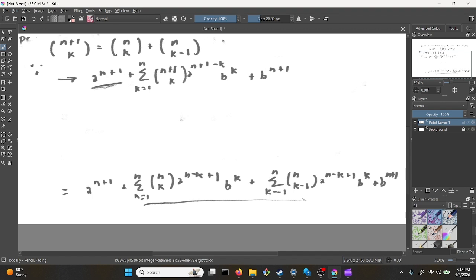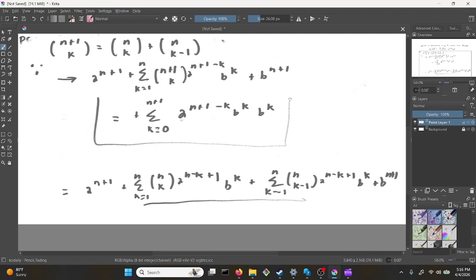Then we're going to get this term, right? So I'm going to move this k to 0. And if this maxes out at n plus 1, then we get this term, right? So I'm going to move this up to this. And this is basically what we were trying to prove. And we are done.